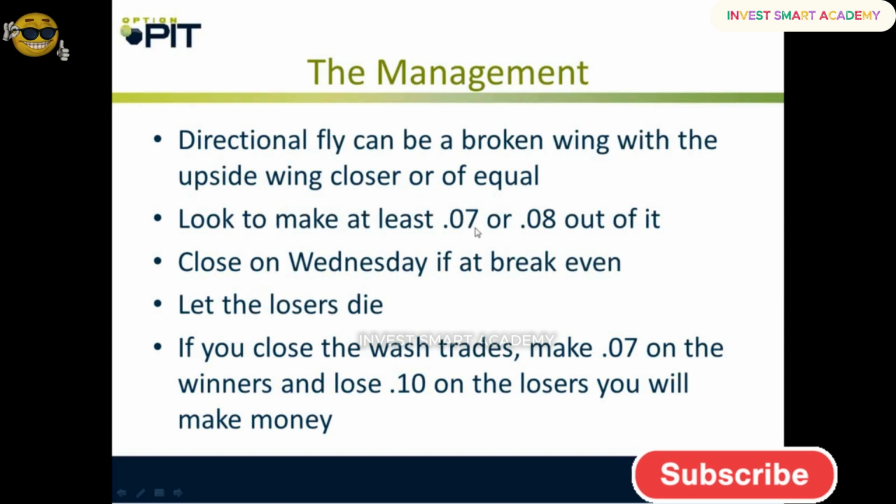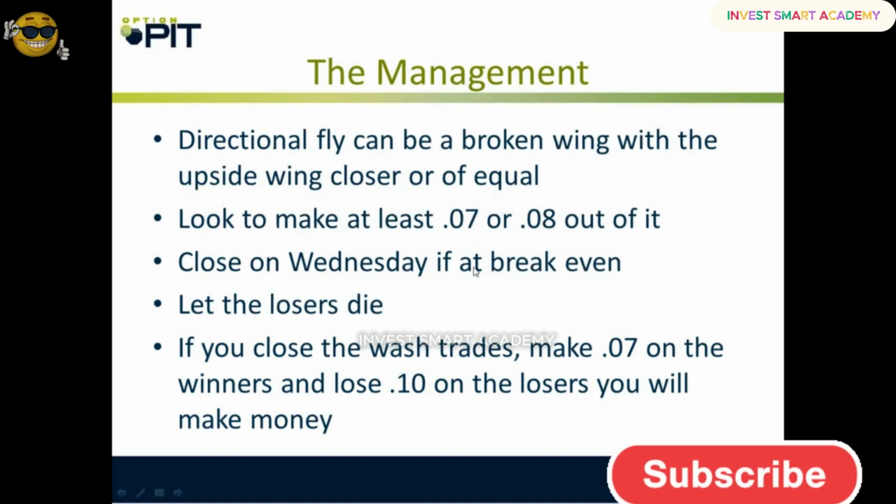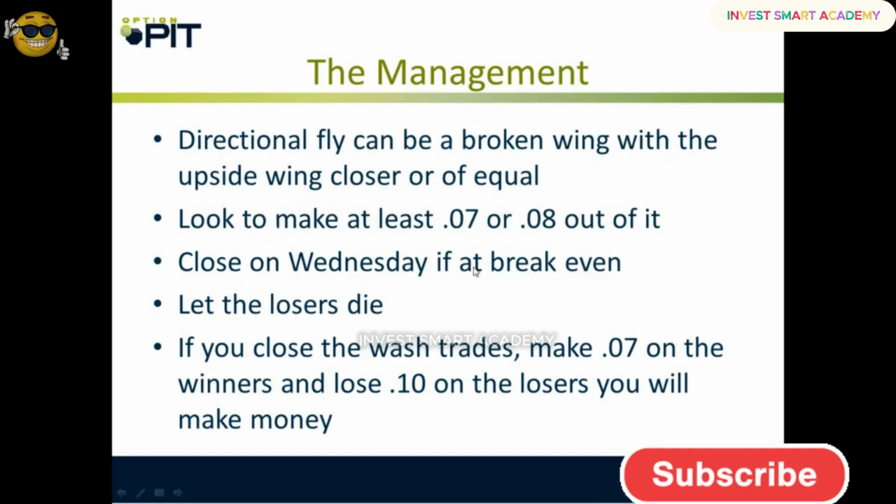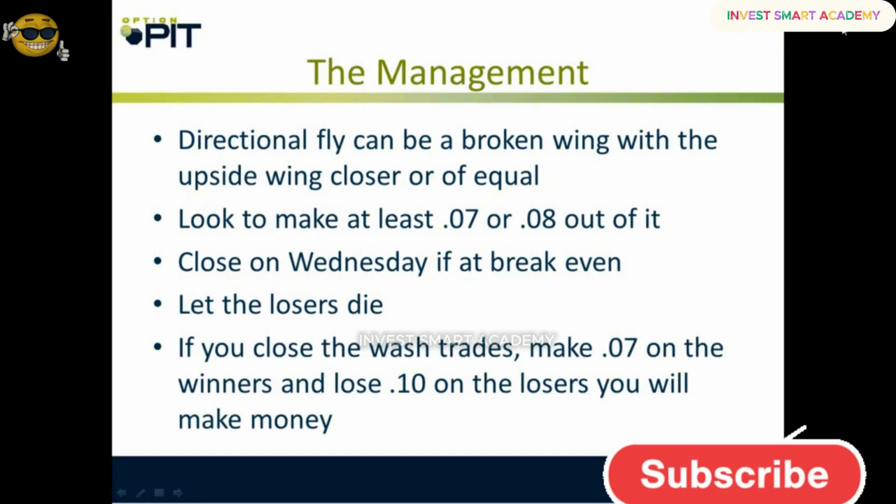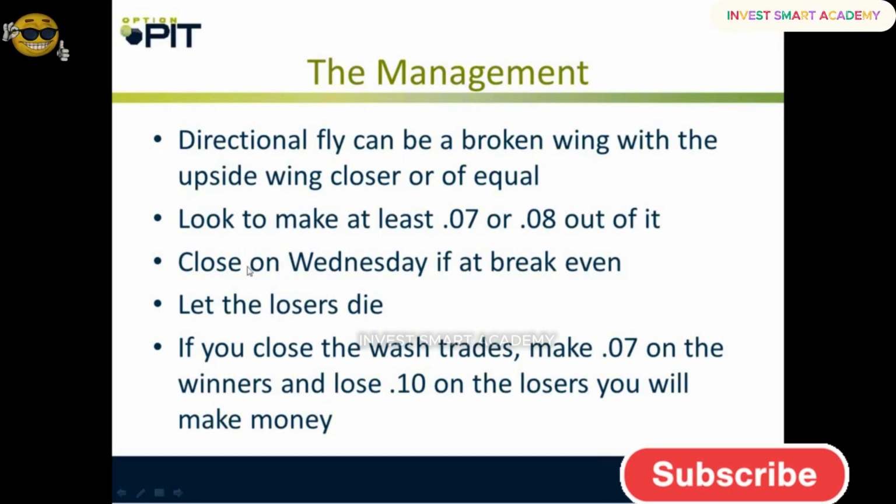On the winners, if you make 7 cents on the winners and you lose a dime or 9 cents or 8 cents on the losers, you will make money. And you take out the wash sales. You'll make money if you're a good directional trader, obviously that's the piece that matters.